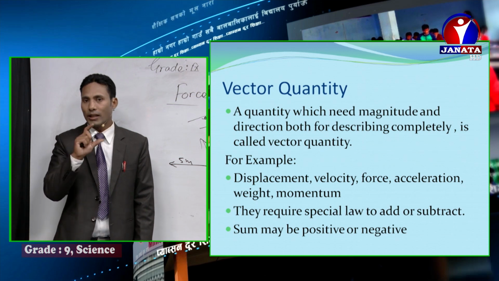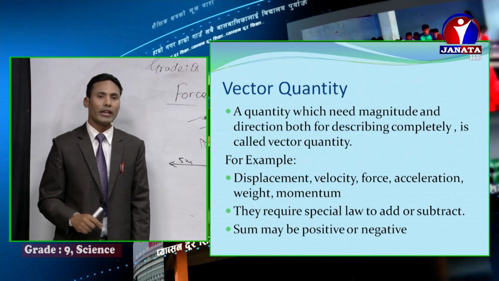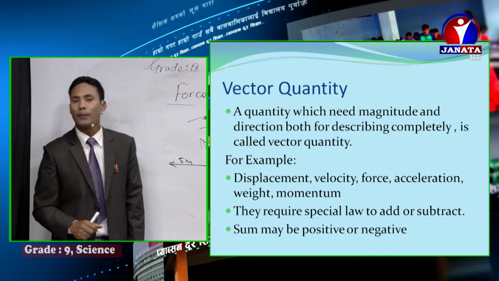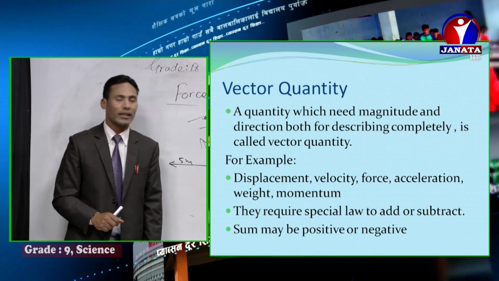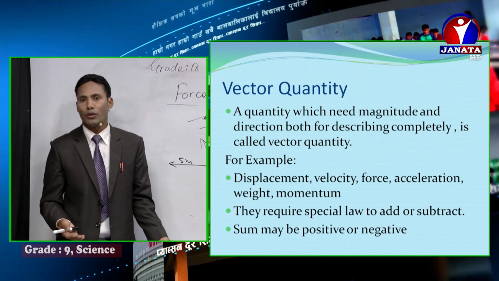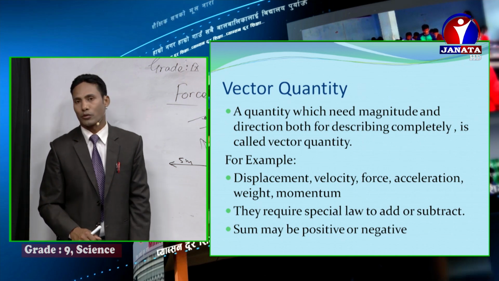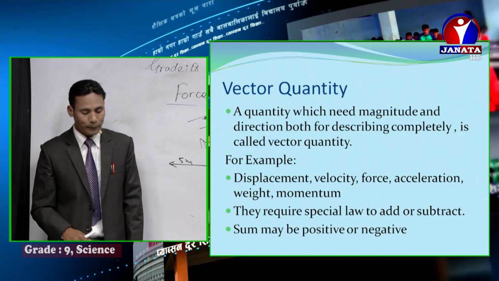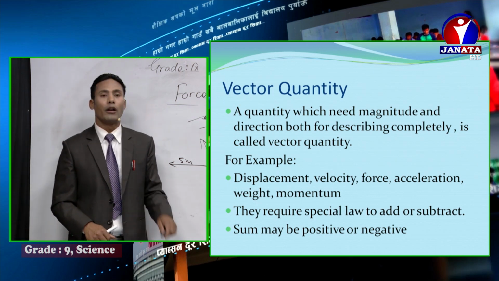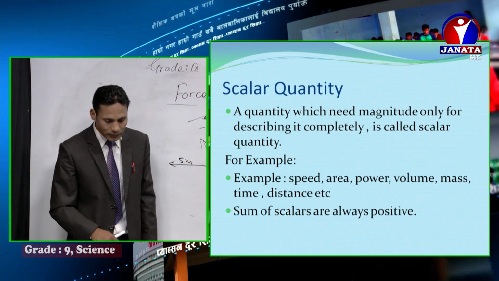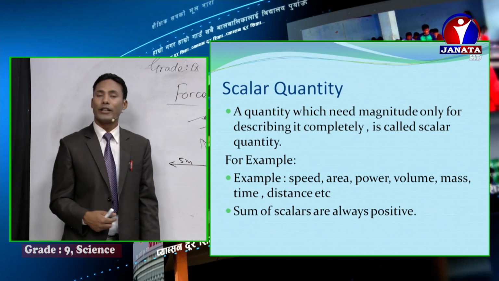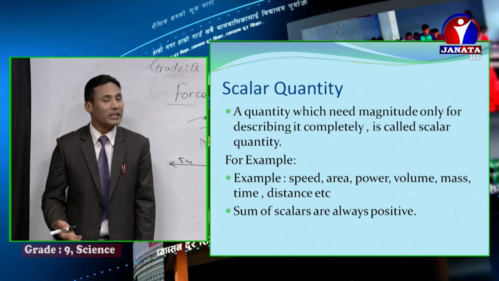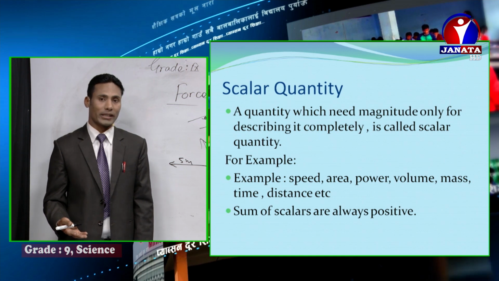So there is a certain law for calculations of vector quantities, right? And the sum of vector quantities may be positive and may also be negative. Since it contains direction, a vector quantity may be positive or negative. Similarly, for scalar quantities I have also given examples, like speed, which is an example of a scalar quantity.